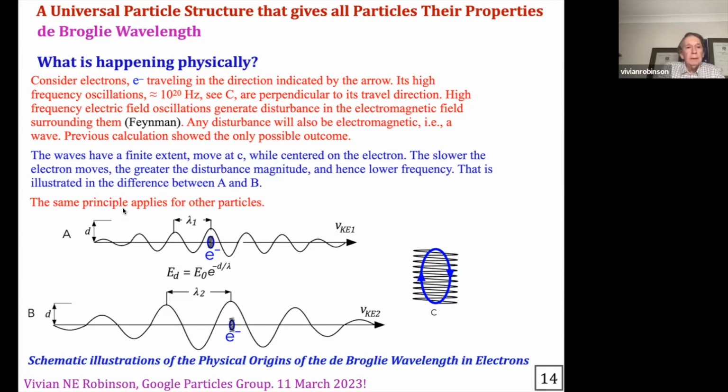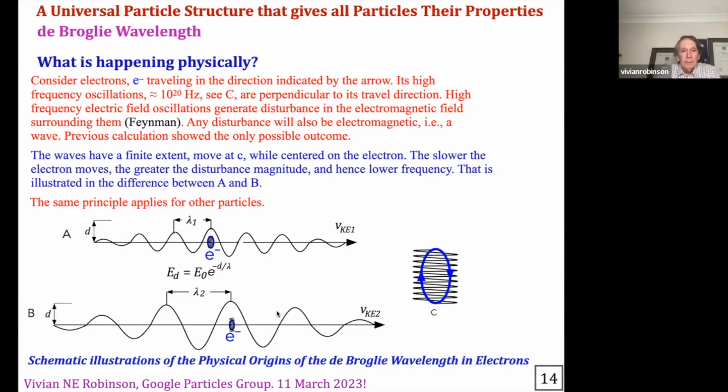I suggest that the wave starts out as the influence of the oscillations disappear in either direction. The wave starts out weak, goes to a maximum where the particle is, and then diminishes back to nothing again. That particular wave, of course, is traveling at c, and it's just like any other electromagnetic wave.